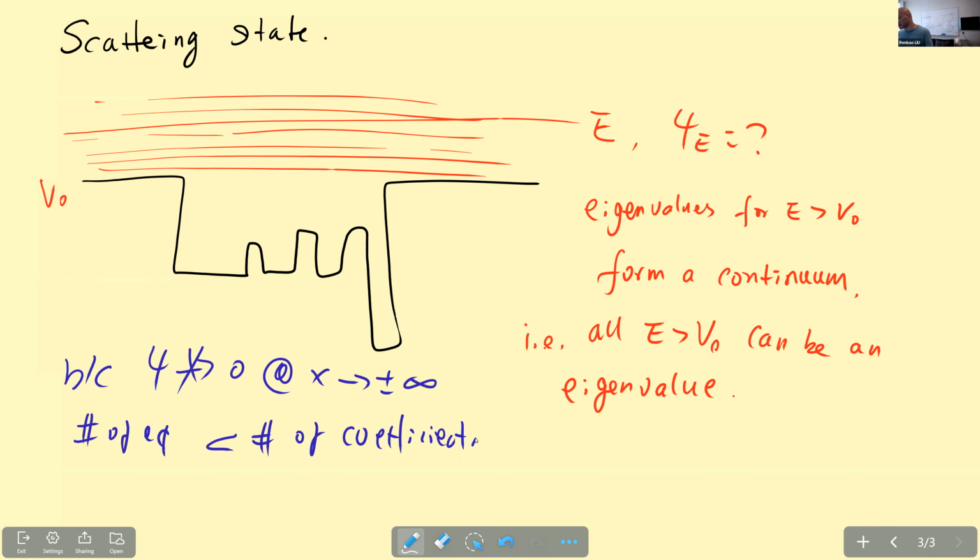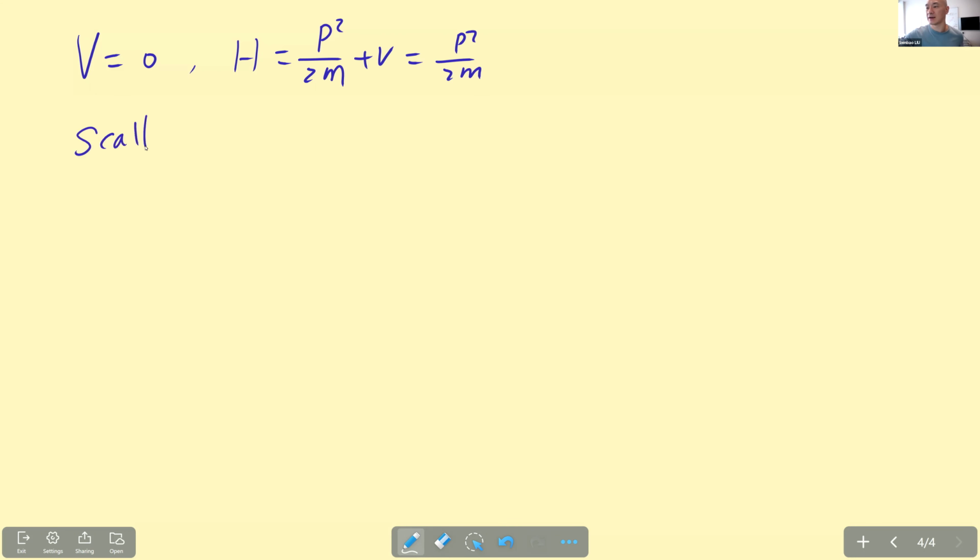Probably it's too abstract, so let us start with some very simple examples. Let's start with this extremely simple example, V equal to 0. So this is trivial, right? The Hamiltonian is simply p squared over 2m plus V, that equals p squared over 2m. This is the case of scattering, although it's actually not really scattering, of a free particle.